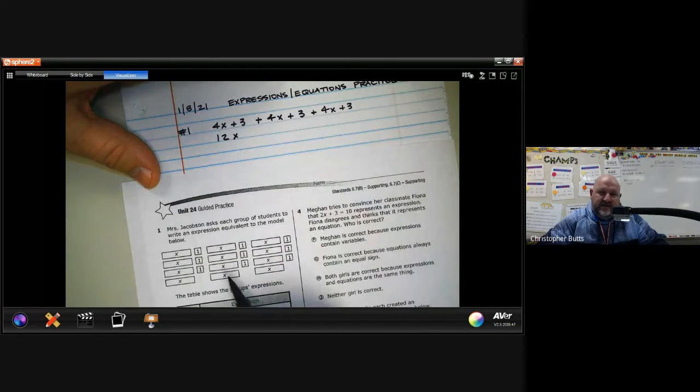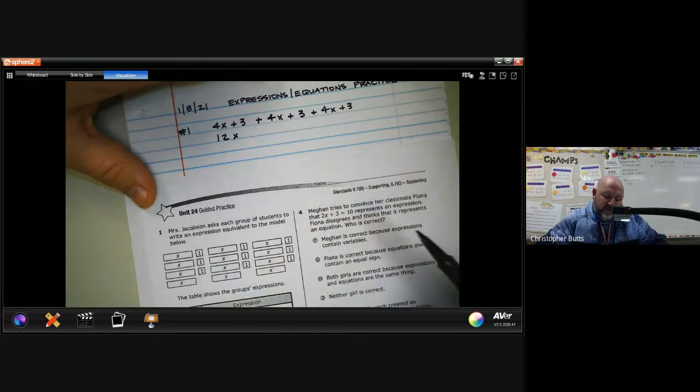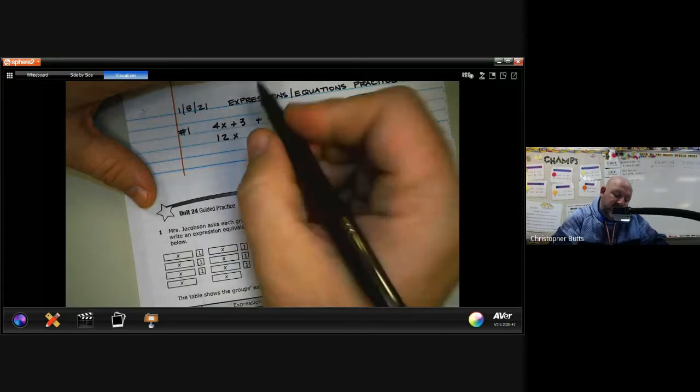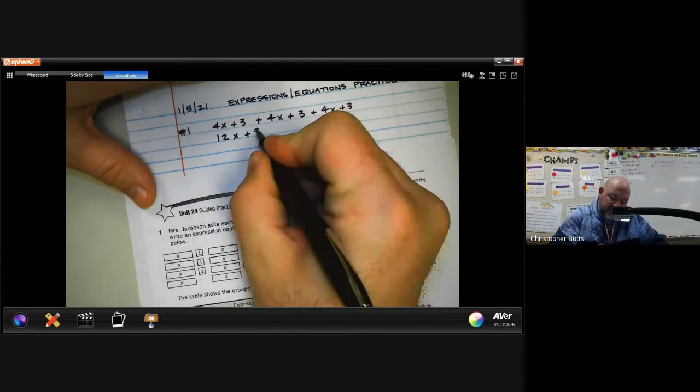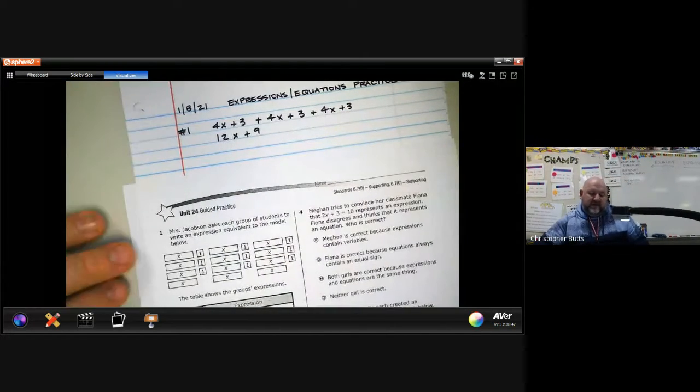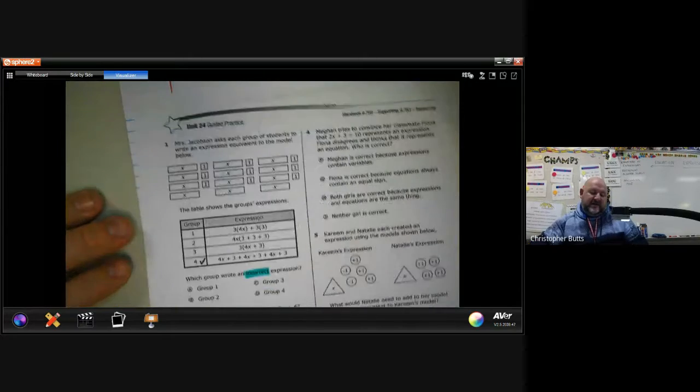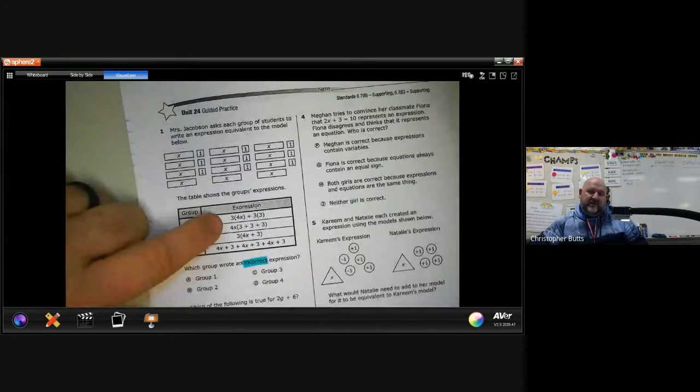So we could also start out by doing it like that. And that means we could group the positive ones all together in the same way. So 1 plus 1 plus 1, 1 plus 1 plus 1, 1 plus 1 plus 1: 3, 6, 9. So 12x plus 9 would be another way that we could write that. Now that's not listed as one of the choices down here.